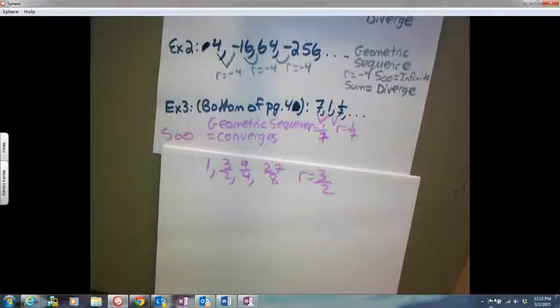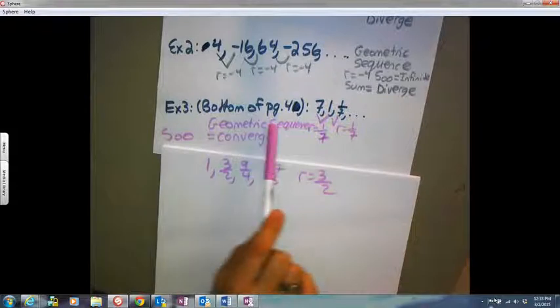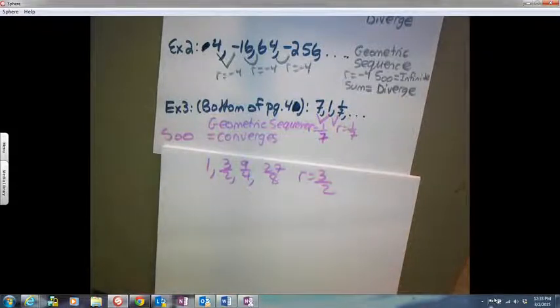Okay, so in the geometric sequence, R was something less than 1 and not 1, like R is still greater than 1 because 3 divided by 2 is... Right. So why is it though that if r is smaller than 1, we will converge? Why?